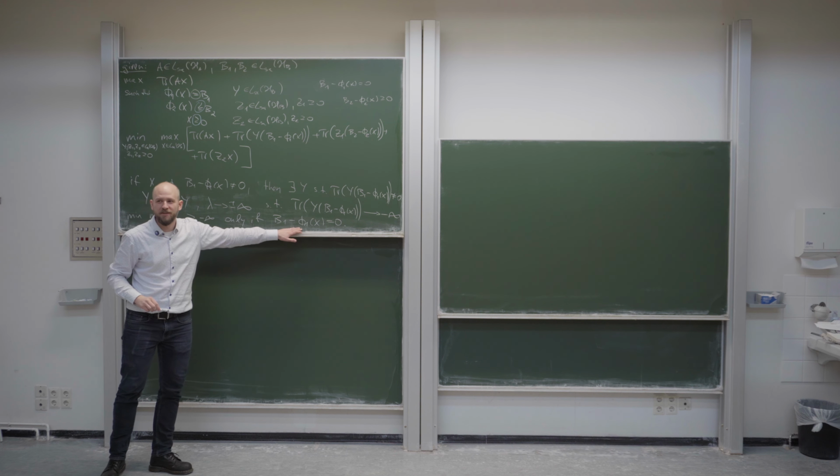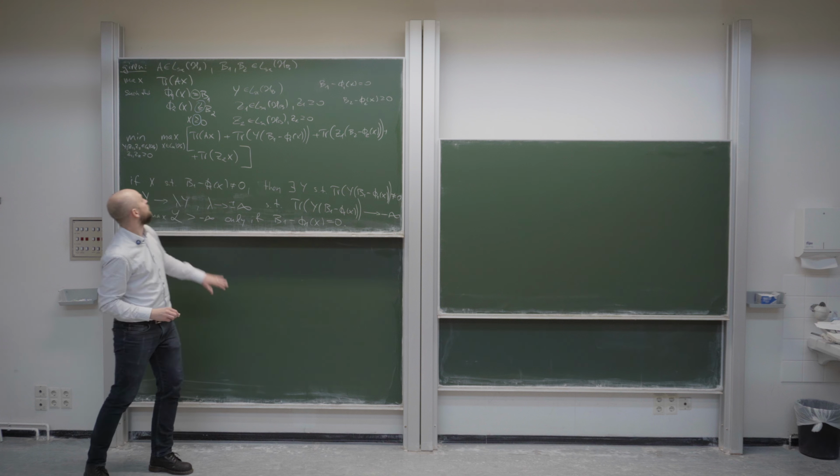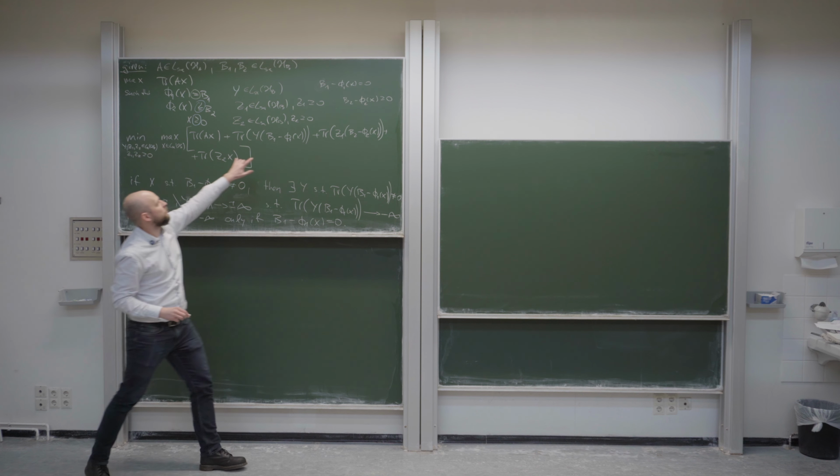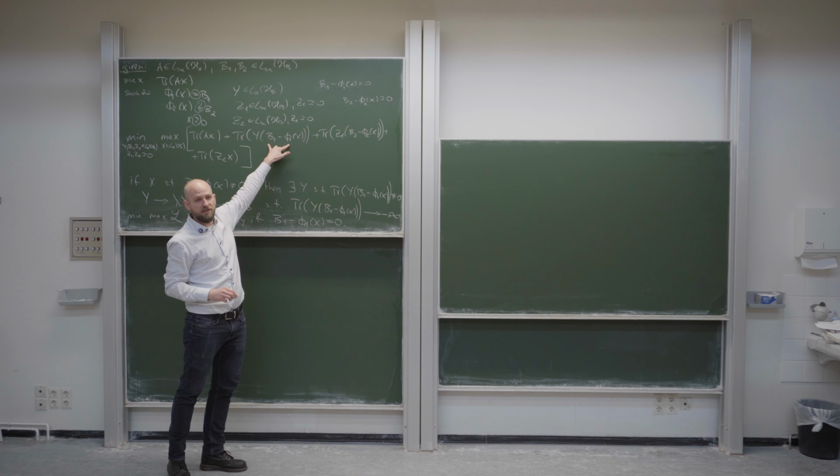But that's our constraint. That's what we want to enforce. So this minimum over the slack variable just enforces that constraint. Is the black magic now clear?